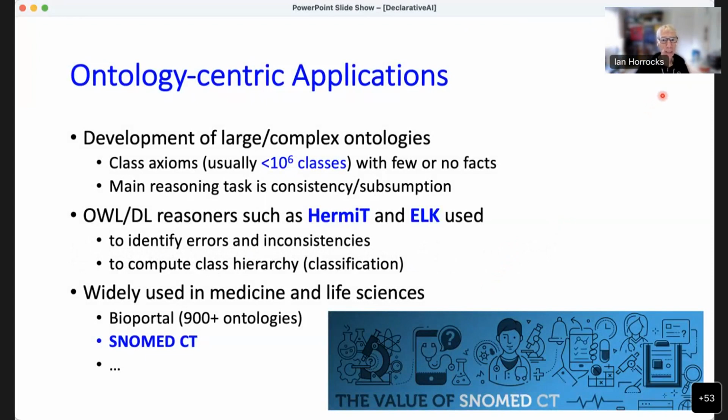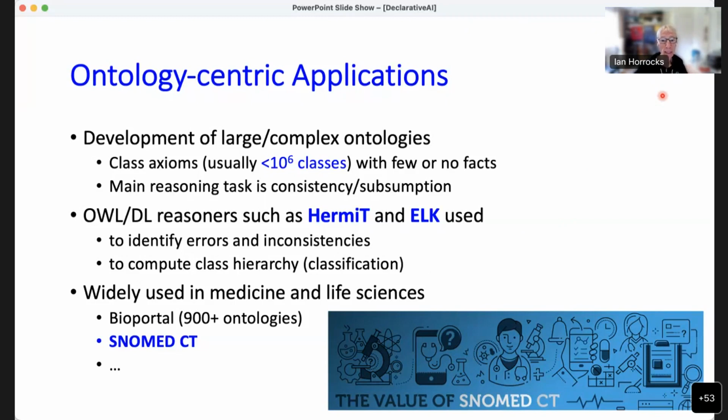So this resulted in the development of a very large number of ontologies, and reasoners such as HermiT and ELK have been very successfully used to identify errors and inconsistencies, to compute the class hierarchy and so on.